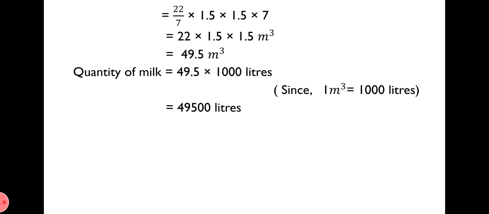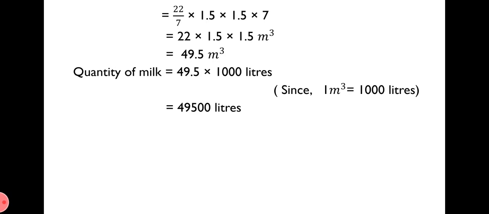If each edge of a cube is doubled, how many times will its surface area increase and how many times will its volume increase? Now the question says that if the edge of a cube is doubled, suppose it is 1 times, and we are making it 2 times, if doubled it will be 2 times the original.